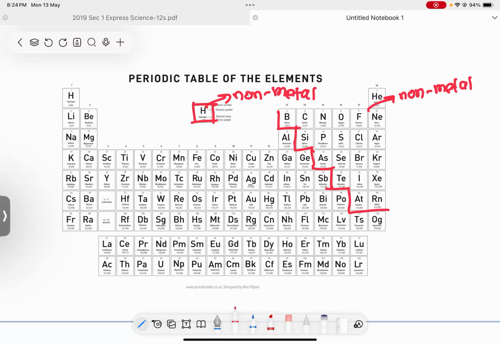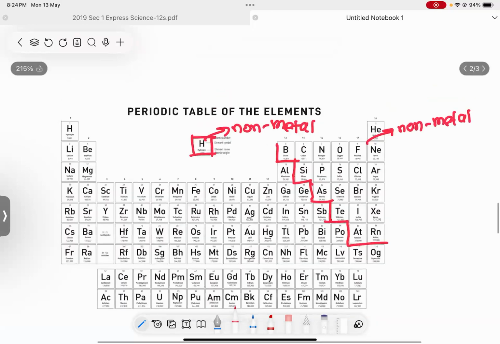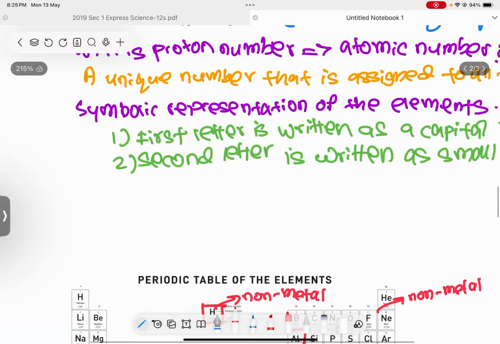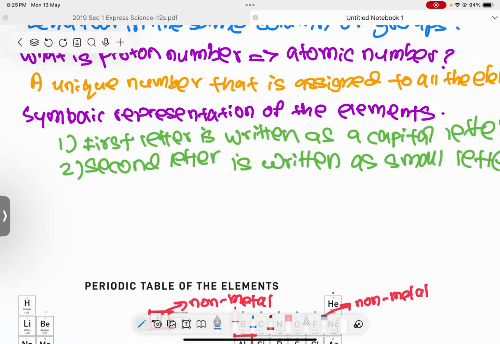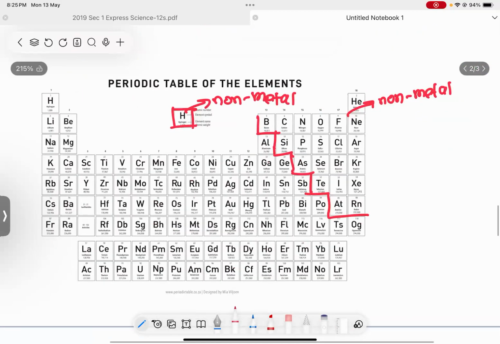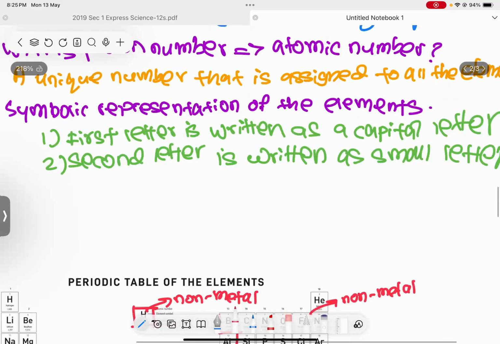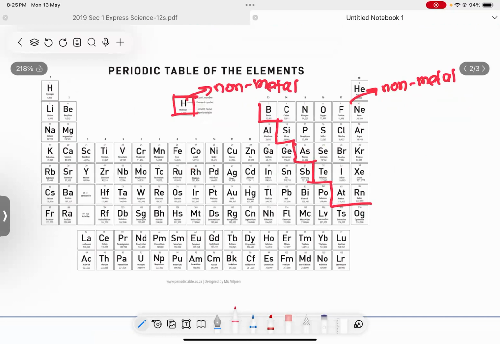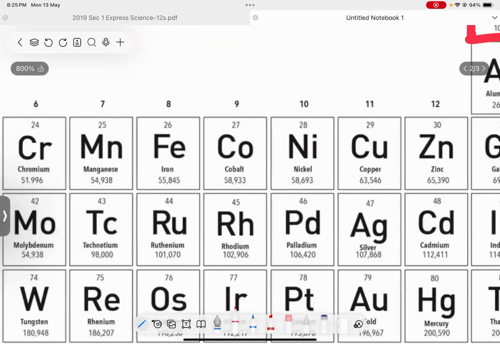Now, you may be asking me, the symbolic representation of the elements in the periodic table is usually by the first letter and the second letter. For example, we take iron.